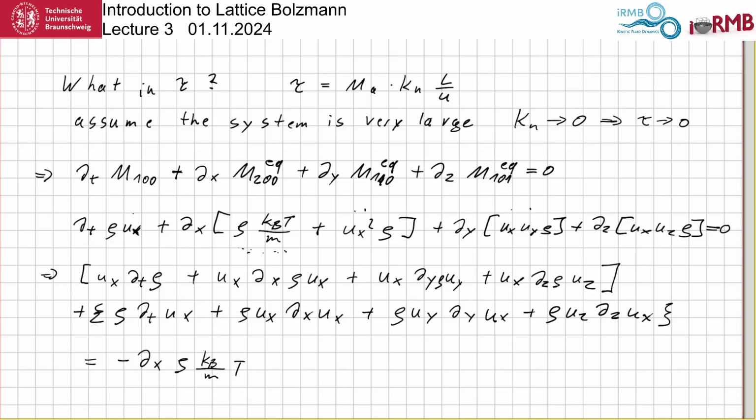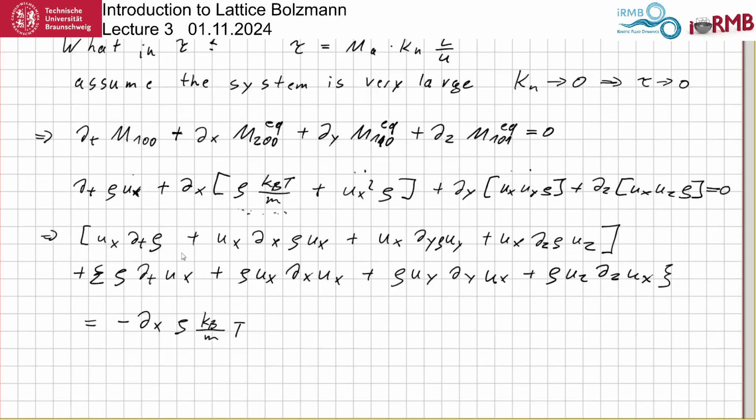I'm writing it this way because we want to get closer and closer to how the equation later looks in the textbook. So the first thing to recognize is that everything that I put in this kind of bracket here.